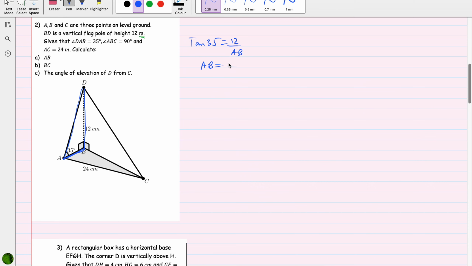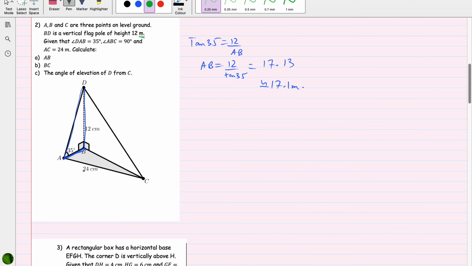So AB is 12 divided by tan 35, which is 17.13, approximately equal to 17.1 meters. The diagram is not to scale.